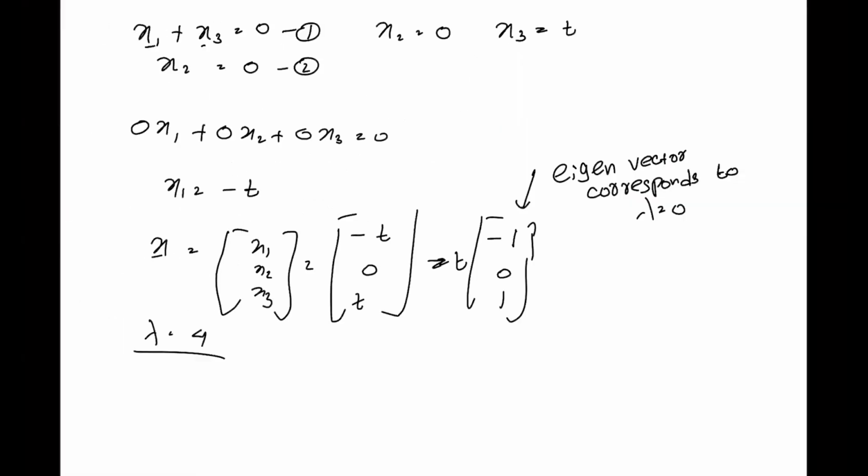You can do the same thing, because you have to use some parameter, since it is going to give a set of equations with fewer than 3 equations. So you use a parameter and get the eigenvector here. Fine? Is it fine, or do you need me to explain in more detail?